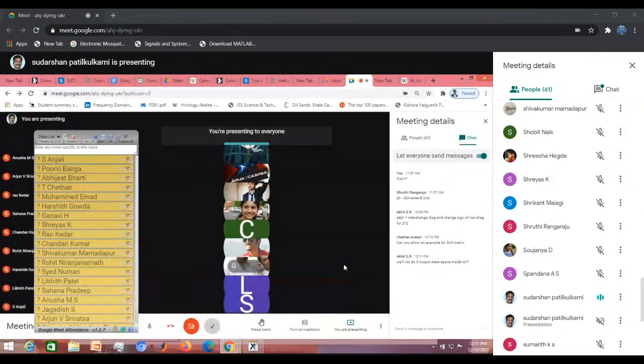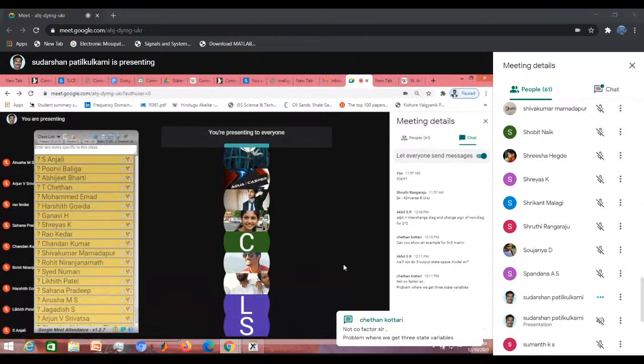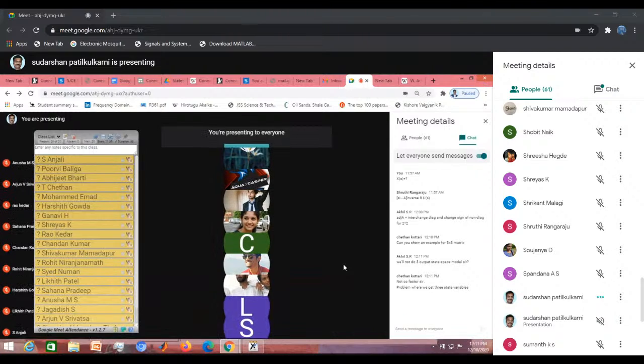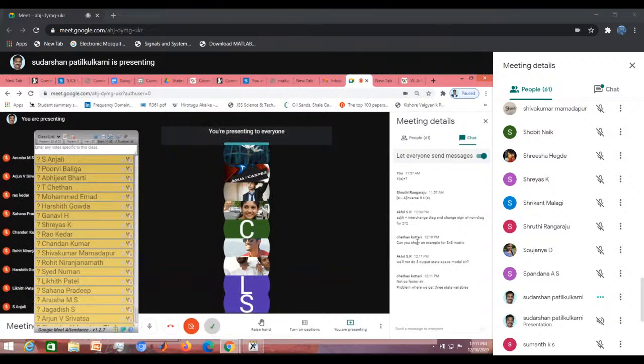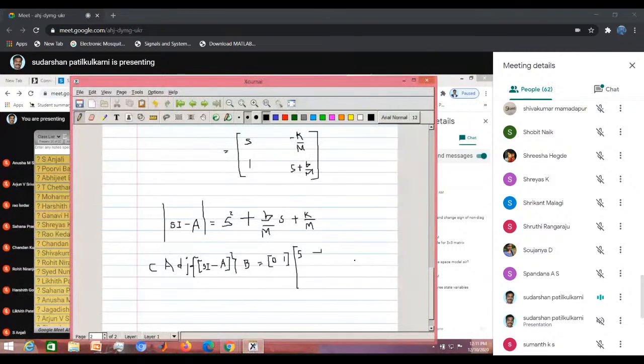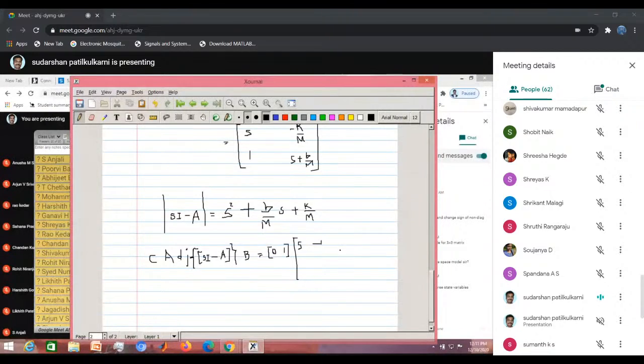In Event 4, I have given some examples. Okay, I will do one example in the class. In Event 4, I have given some examples with the third order state space model.